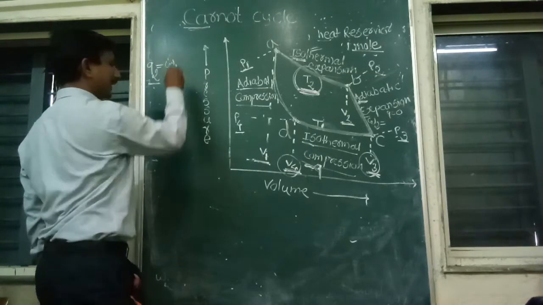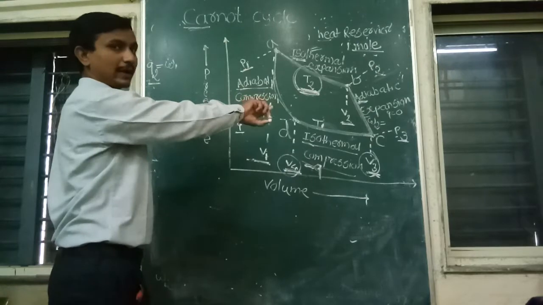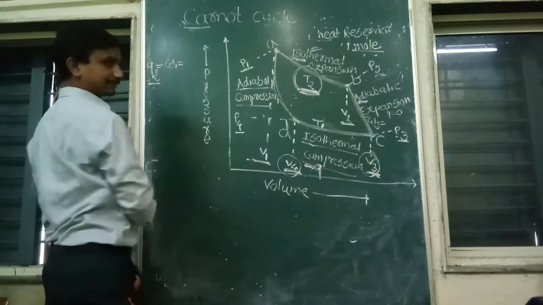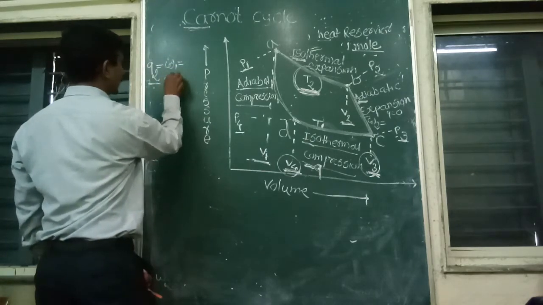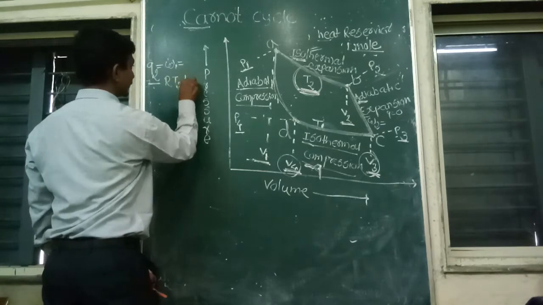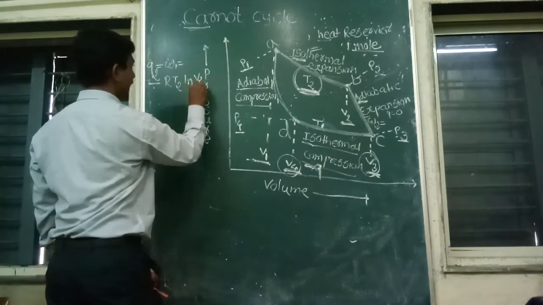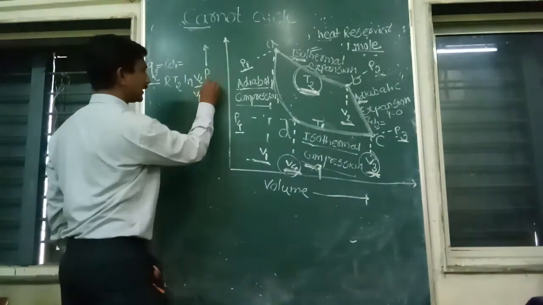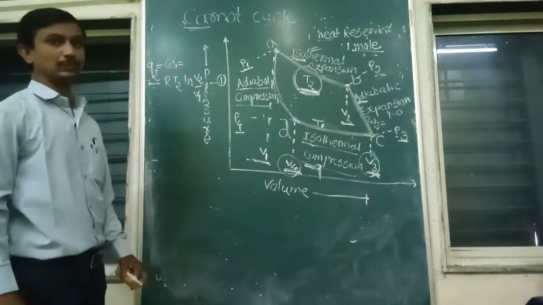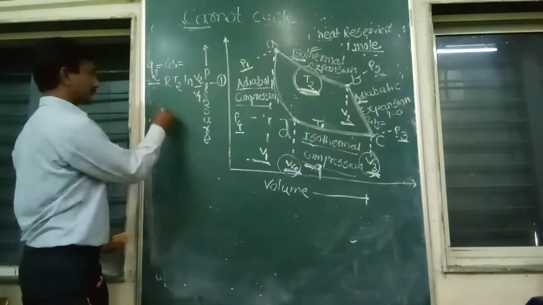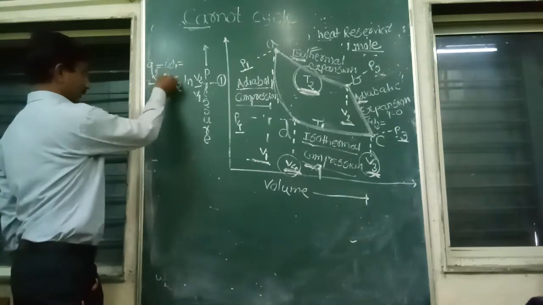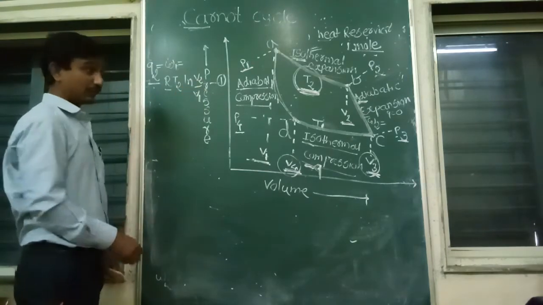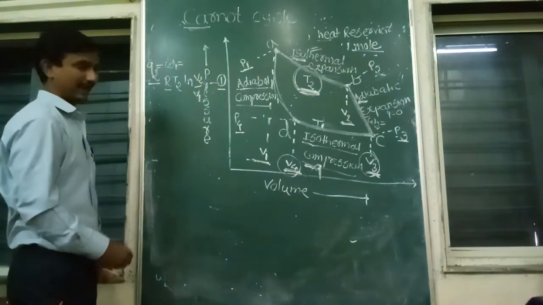Here W1 is the work done in step 1, which is equal to RT2 ln V2 divided by V1, where V2 is the final volume and V1 is the initial volume. So work done during the first process is W1 equals RT2 ln V2 upon V1. We have given this equation as 1.